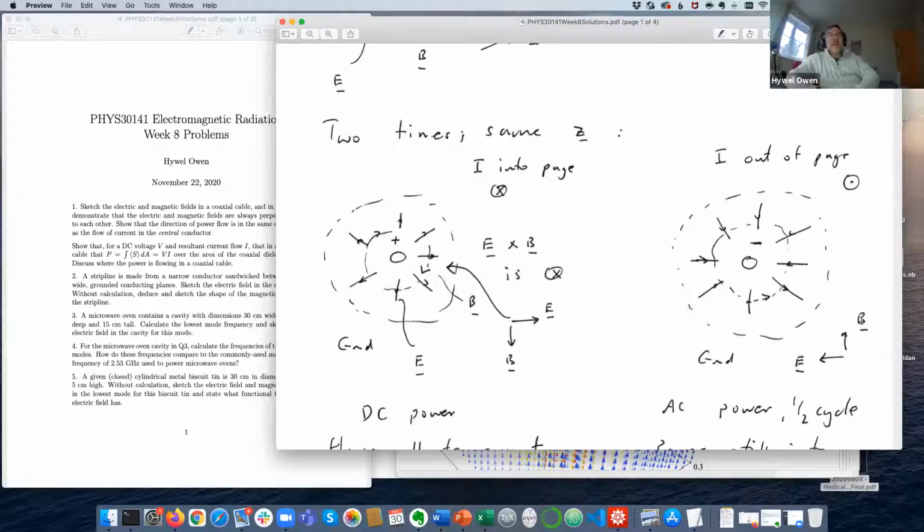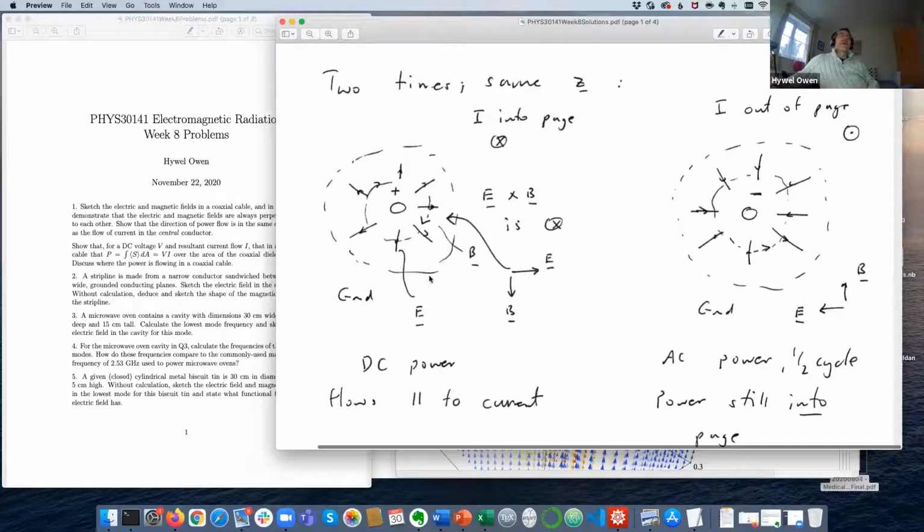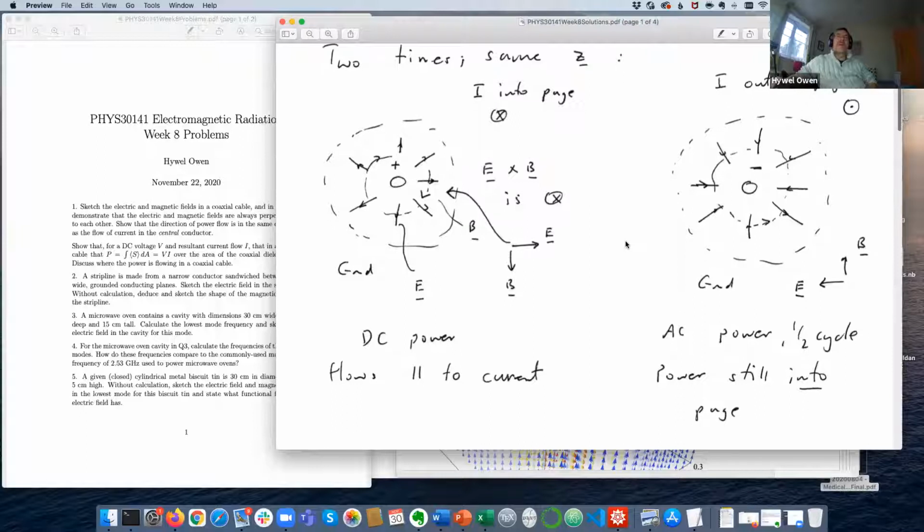So in the AC signal, there is no net constant current flowing along the wire, but the power still points in the same direction at all times. Okay, so the AC situation is a combination of the left-hand picture and the right-hand picture, and our conclusion is the power still flows into the page, in the same direction regardless of the phase.